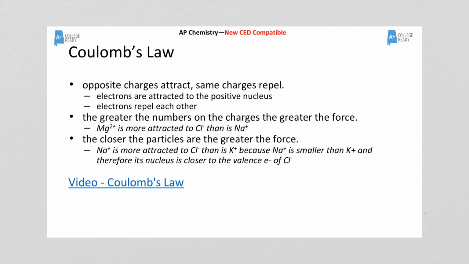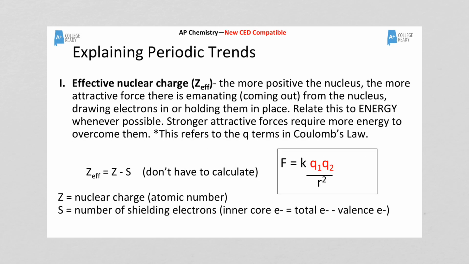So when there's a higher positive charge, like more protons in the nucleus, or in this case, a more positively charged ion, it would cause a greater attraction to chloride than, in this case, Na+. Or if we're talking about protons and electrons, there's a greater attraction the more protons there are. And again, as we said, the closer the particles are to each other, the greater the force. You can see that. And there's a little video if you'd like to watch it.